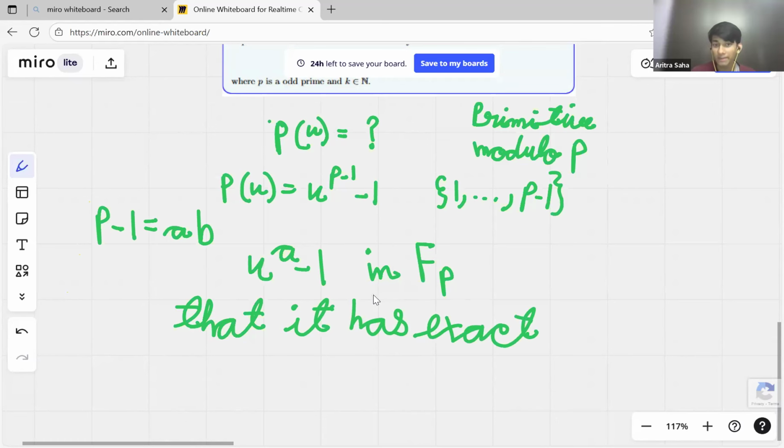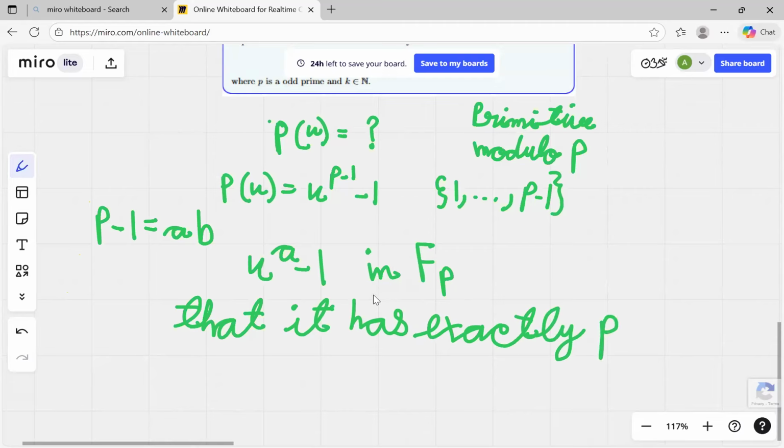We know that for Fp, x to the power p minus 1 minus 1 has exactly p minus 1 roots. Now we want to prove that every factor of p minus 1 also has that. I mean, this is just trivial by primitive roots, right? Like A obviously has to be co-prime to p. We are trying to prove primitive roots. Yeah. Oh, sorry, my bad. Whatever.